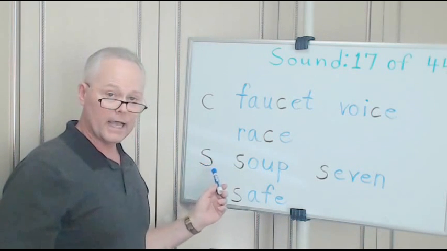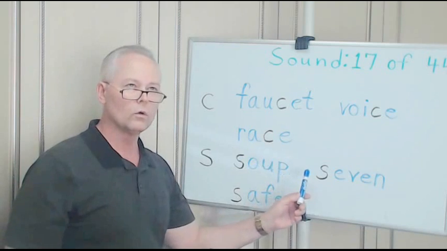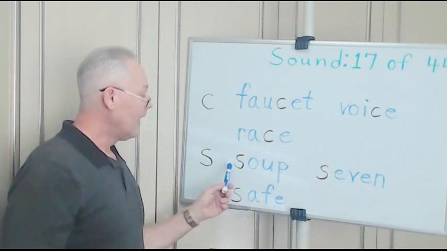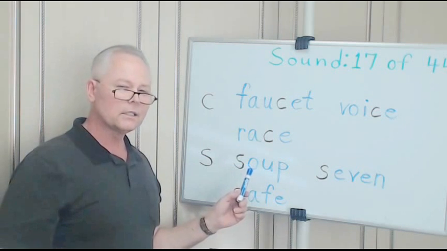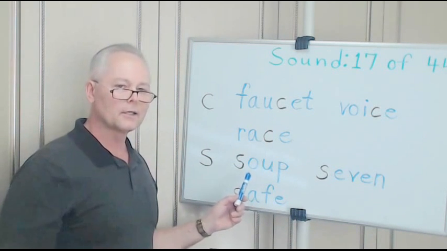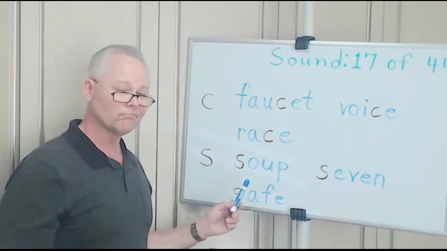Then we had the letter S. Now I had sun, nose, and noise up there. I think maybe sun didn't really fit in that list so well. You might want to go back and look at that video. I may have made a mistake. I think I did.